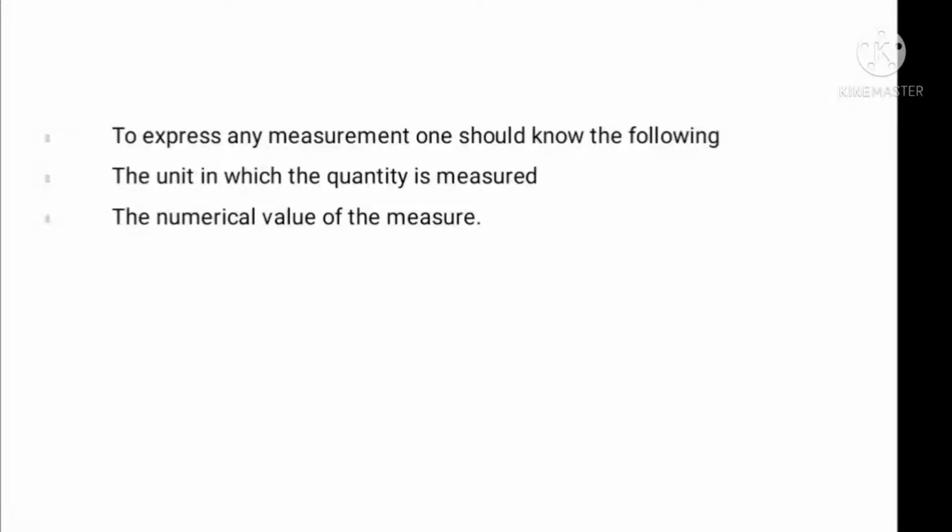For example, the length of a given piece of cloth is 2.5 meters. That means that 2.5 meters are contained in the length of the cloth piece. The unit in this case is equal to 1 meter.